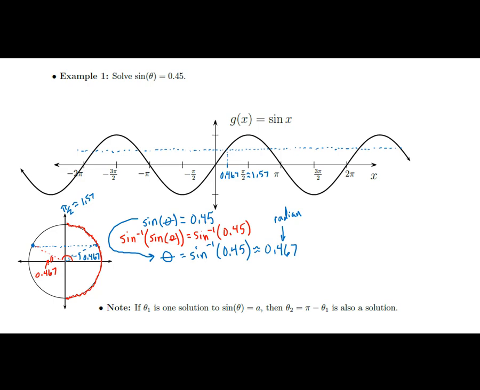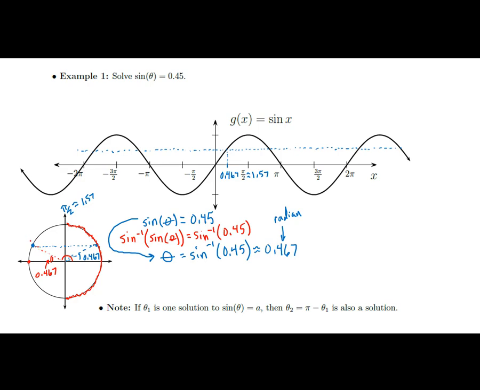So since this negative part of the x-axis, or in other words, this value right here, is at pi, then what we can say is that this angle that I drew here is found by taking pi, so rotating all the way around, minus the 0.467 that I already found.